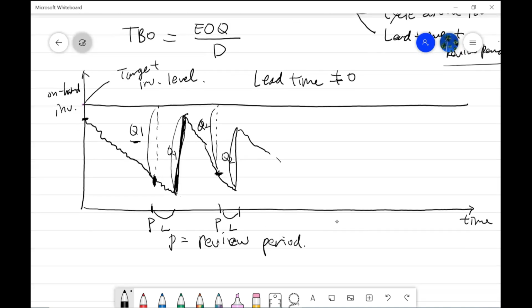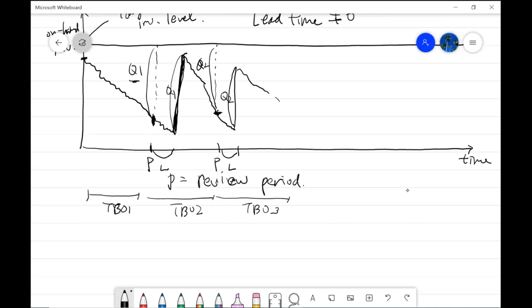In this kind of situation, you may see the time between order 1, time between order 2, and, though I didn't draw it, time between order 3.